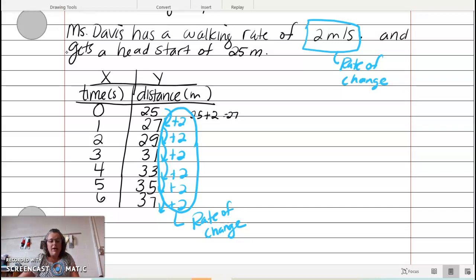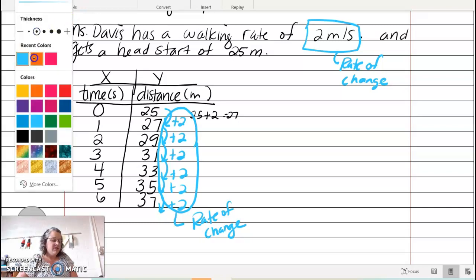But when it comes to writing an equation for any number, like if I wanted to know if she had 50 seconds to walk, I would have to keep adding 2 every single time. This is where your equation comes in handy, because all I have to do is find out what's happening every time, use that in my equation, and then plug in what I need to know to find my solution. But for right now, this is your rate of change. Super duper helpful.